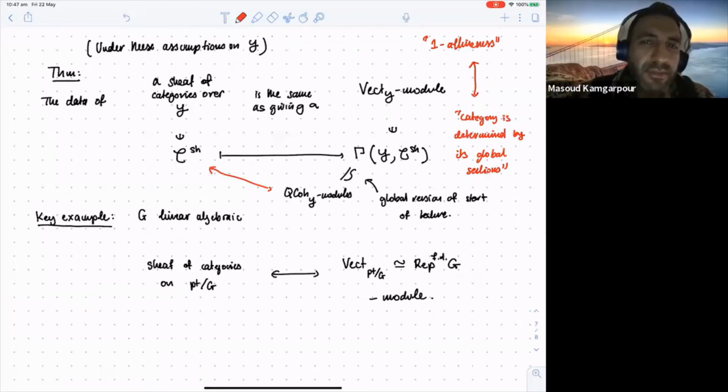And Geordie, can we look at this condition 2, that coherent sheaves can be obtained from vector bundles? So I don't remember what having enough ample bundles means. Can you just give us some examples of when this holds and when this doesn't hold?